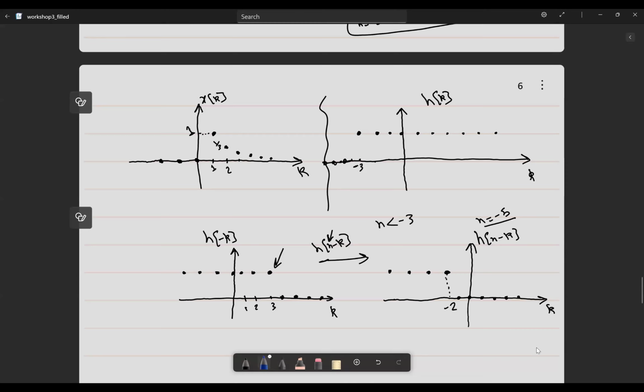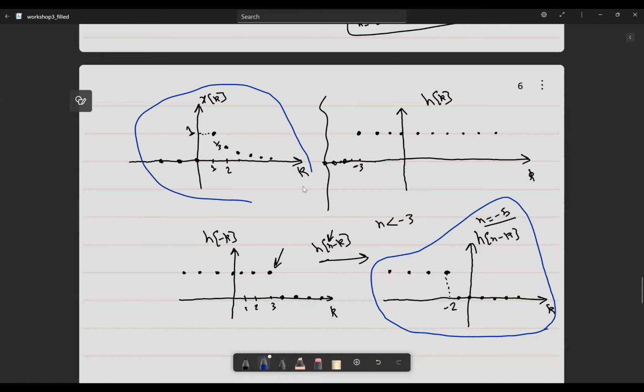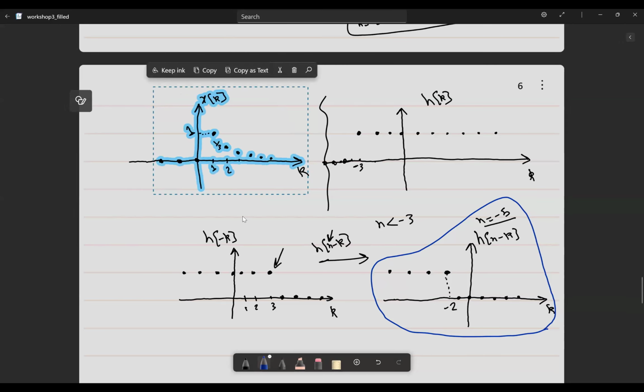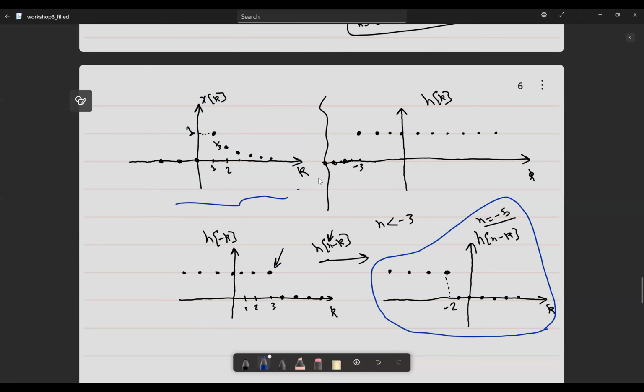This is h[n minus k], and this is k. This is x[k]. If we multiply x[k] by h[n minus k], what will be the output?